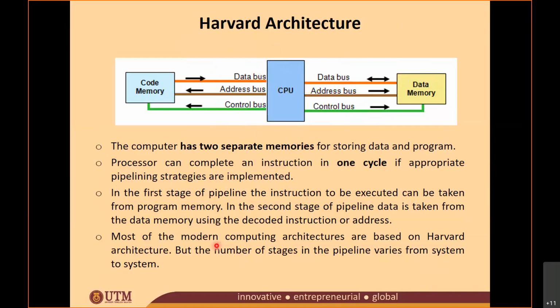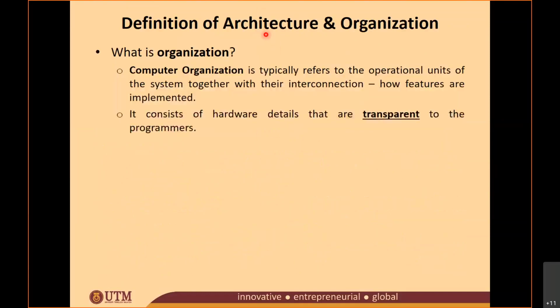Most of the modern computing architecture are based on Harvard architecture, but the number of stages in the pipeline varies from system to system. Kebanyakan komputer sekarang ni menggunakan Harvard architecture.